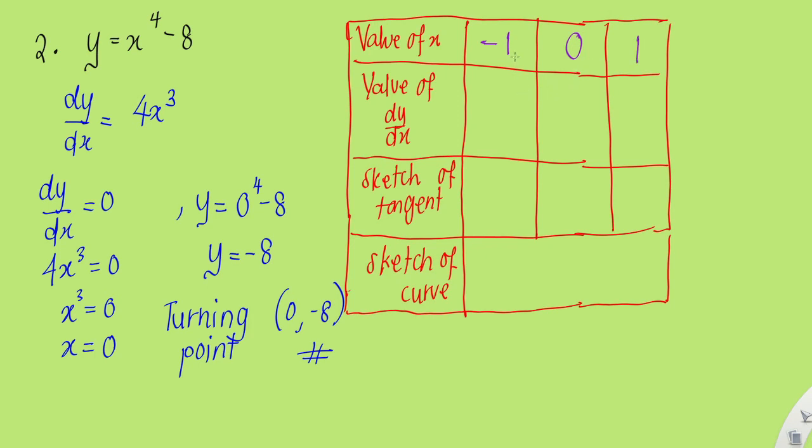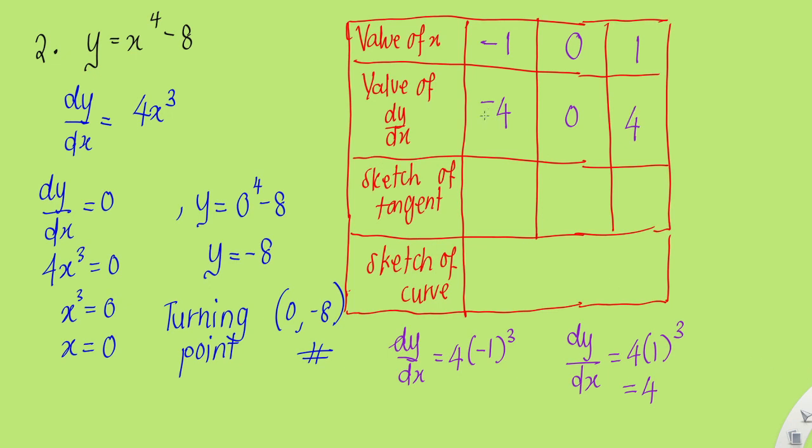Now substitute negative 1 inside the dy dx. So dy dx equals 4 times negative 1 to the power of 3. So I'll get negative 4. Now for 0, we already know we got the value of dy dx is 0. Then substitute x equals 1. dy dx equals 4 times 1 to the power of 3. So here I will get 4.